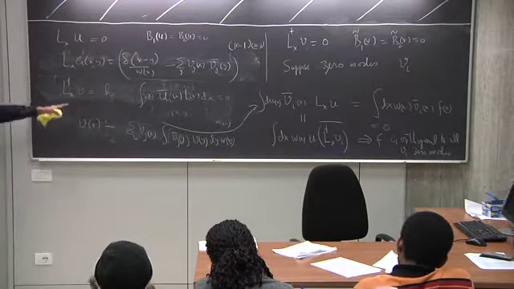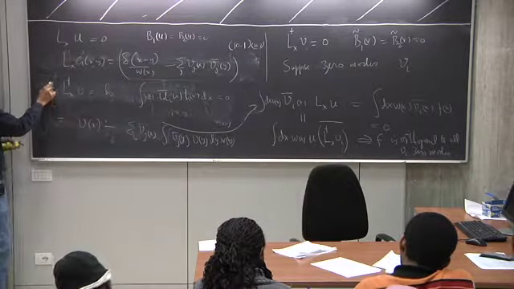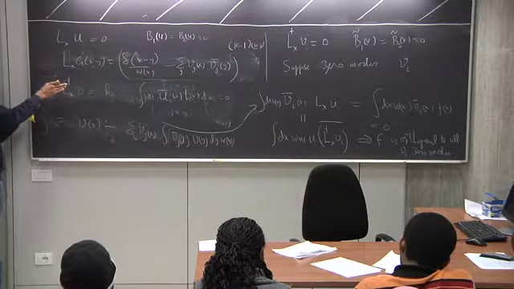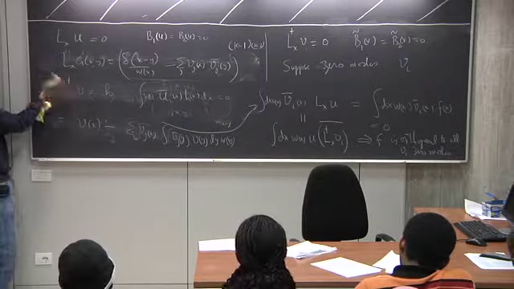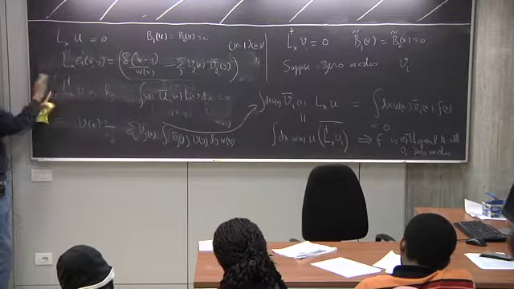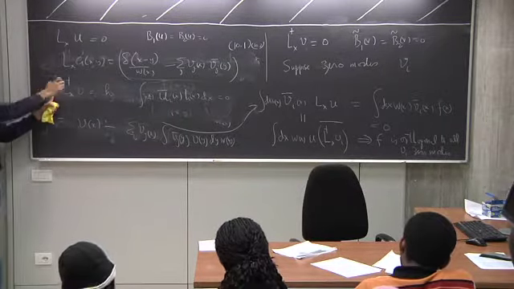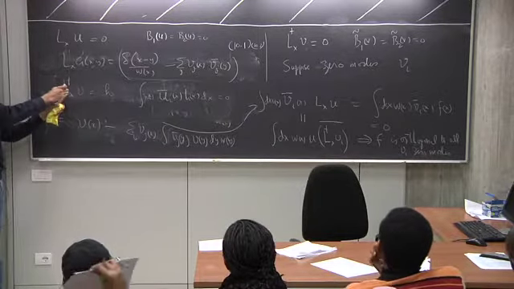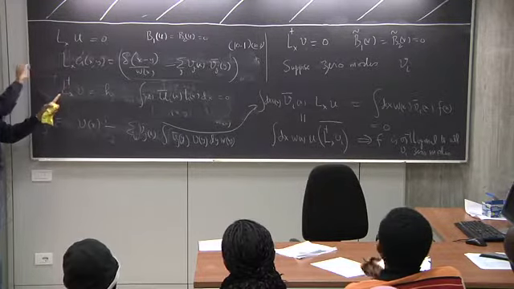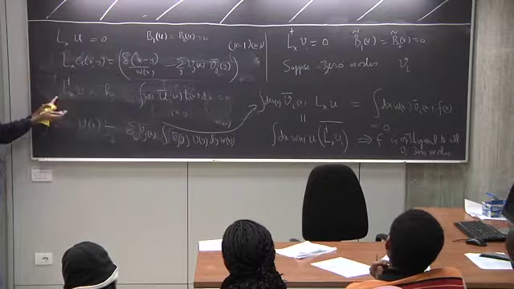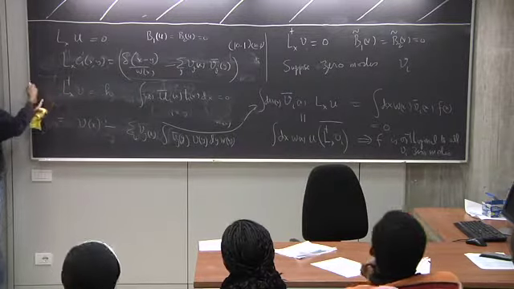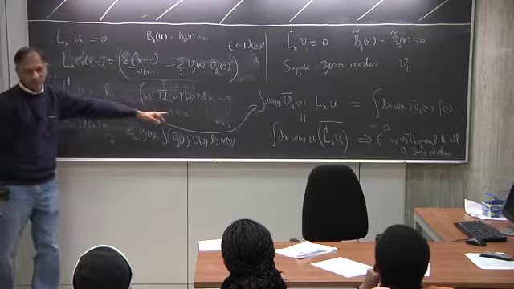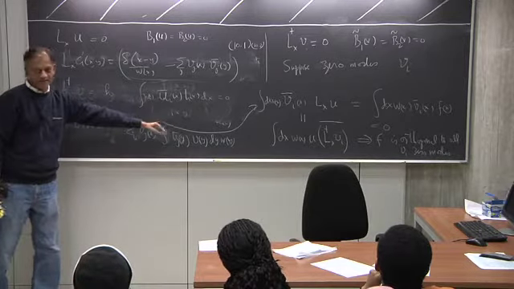For the same reason, you just take the scalar product with the ui bar, and use the fact that this is the same as the scalar product of v with Lx acting on the ui, complex conjugate. But Lx acting on the ui is 0 because those are 0 modes. So the left hand side becomes 0, and therefore the right hand side must also be 0. This is the necessary condition.